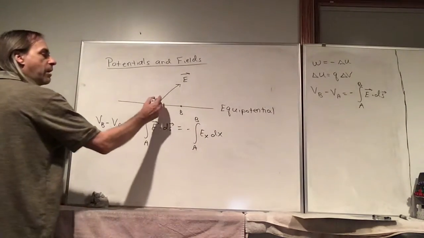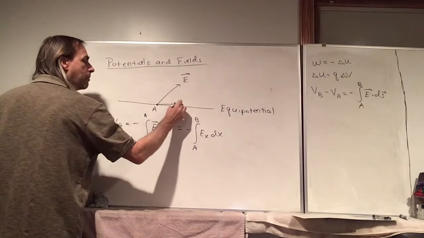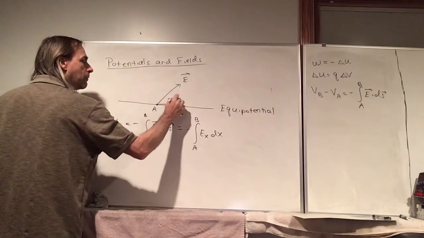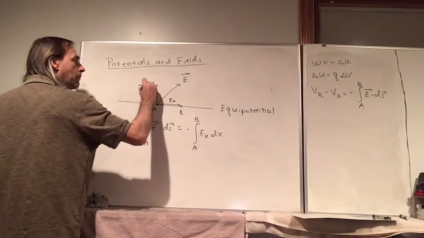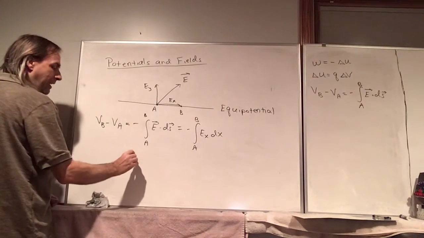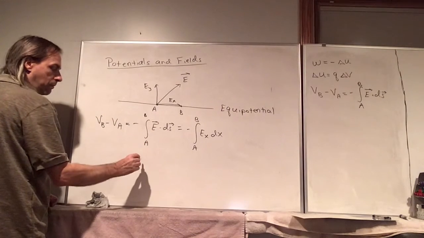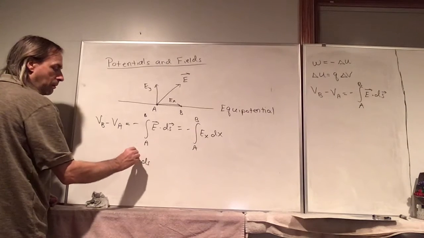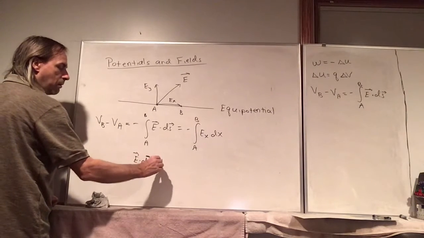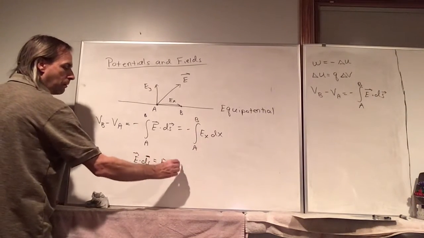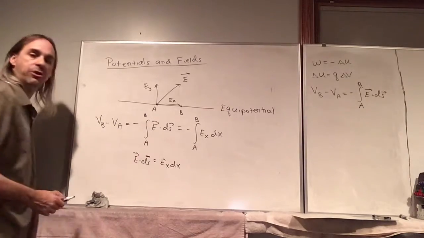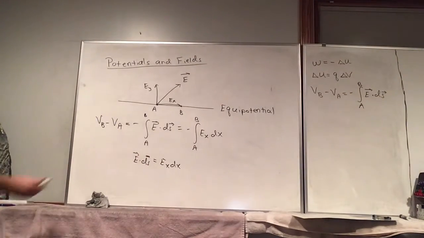So we can break our vector up into an x and y component. And E dot ds, well, really, ds is just dx.